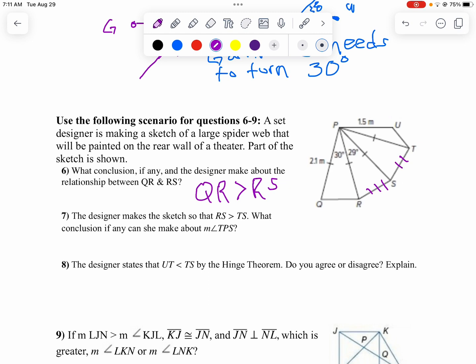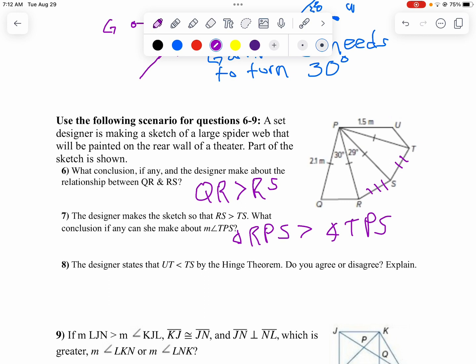which means the angle across from RS. So we're looking at angle TPS. So we know angle RPS is greater than angle TPS by the hinge theorem.